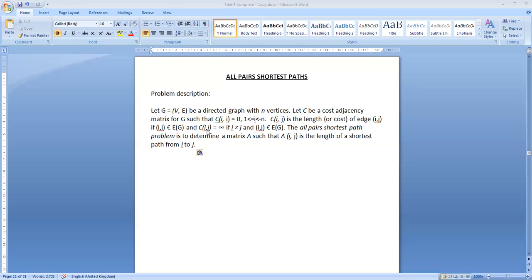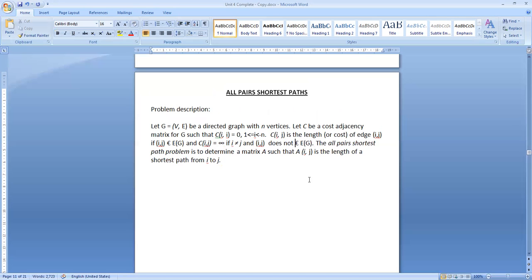And C of (i, j) is infinity if the edge (i, j) does not belong to E of G. Here I make a correction: does not belong to E of G.